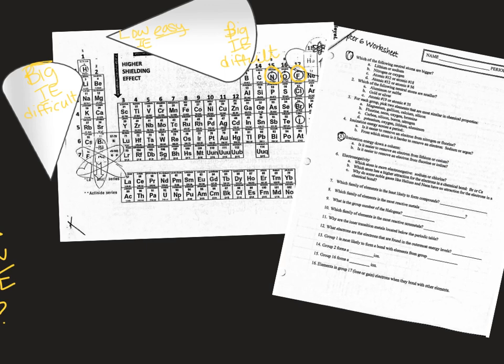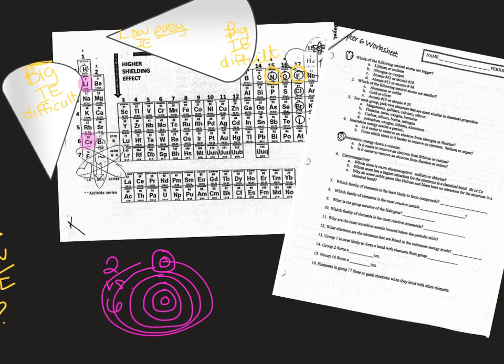So lithium and cesium we've got over here. Lithium is up here, and cesium is down here. So we're looking at energy level 2 versus energy level 6. So 2 layers versus 6 layers.